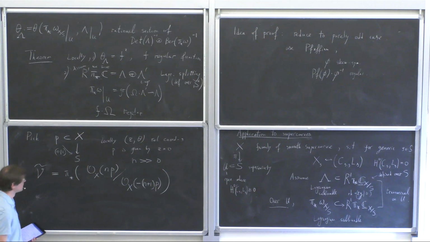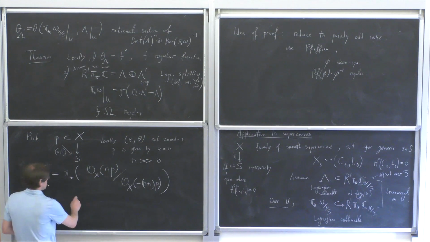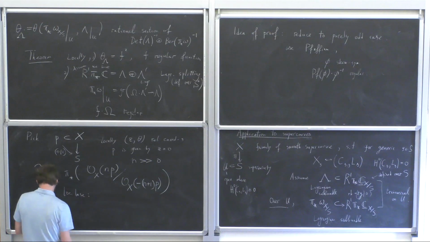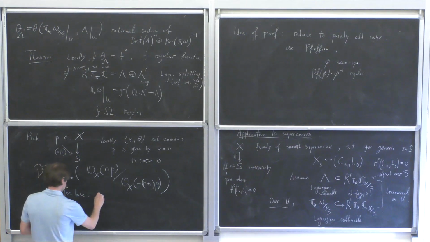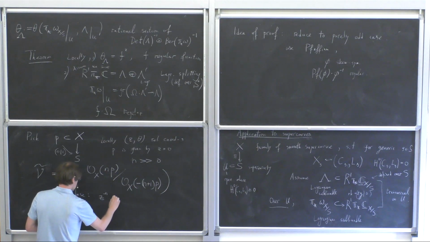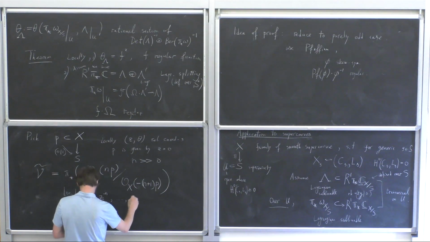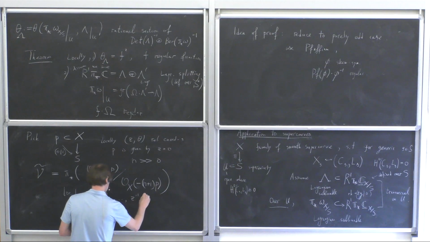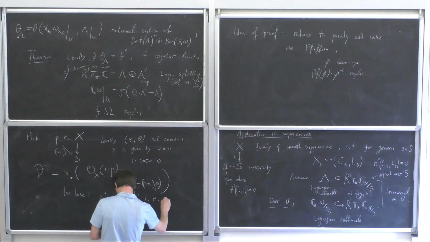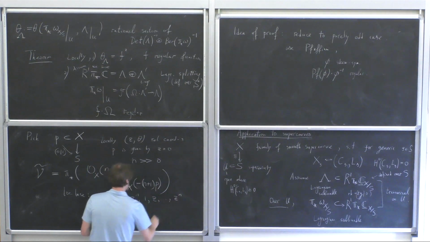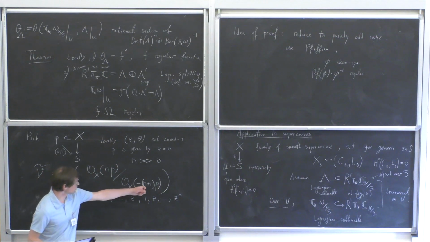So locally, to see that this is a vector bundle, there is a basis corresponding to sections like this. So I already kill z to the n plus 1.